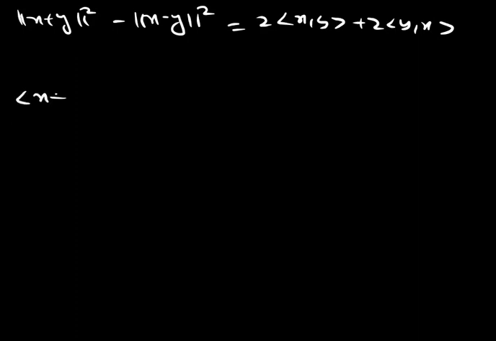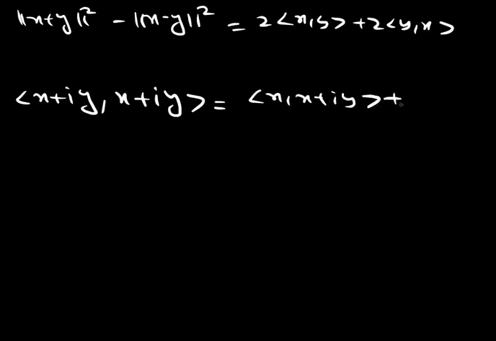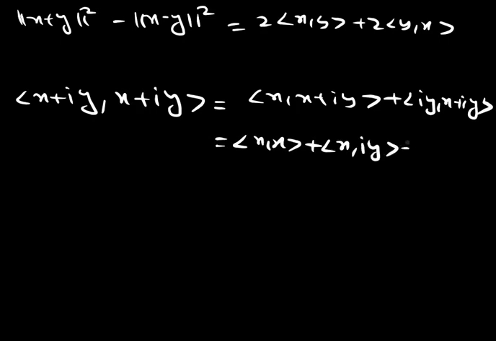Inner product of x plus iy with x plus iy is inner product of x with x plus iy plus inner product of iy with x plus iy. So this is inner product of x with x, inner product of x with iy, plus inner product of iy with x, plus inner product of iy with iy.